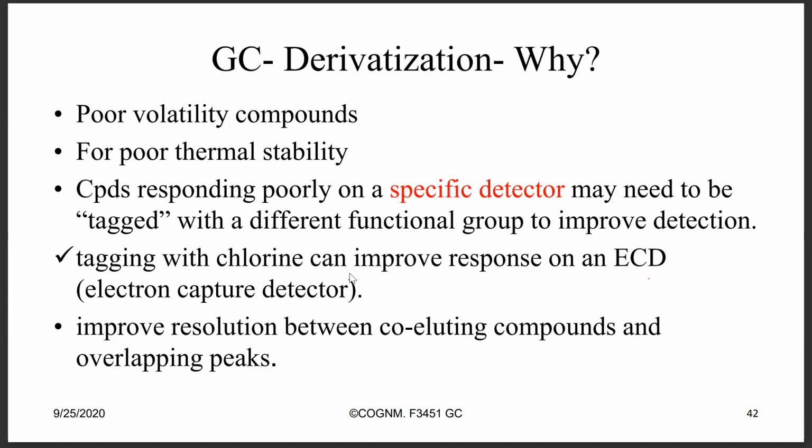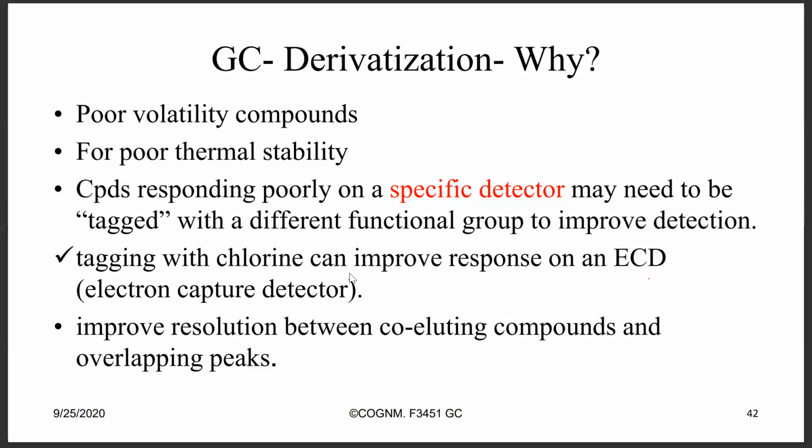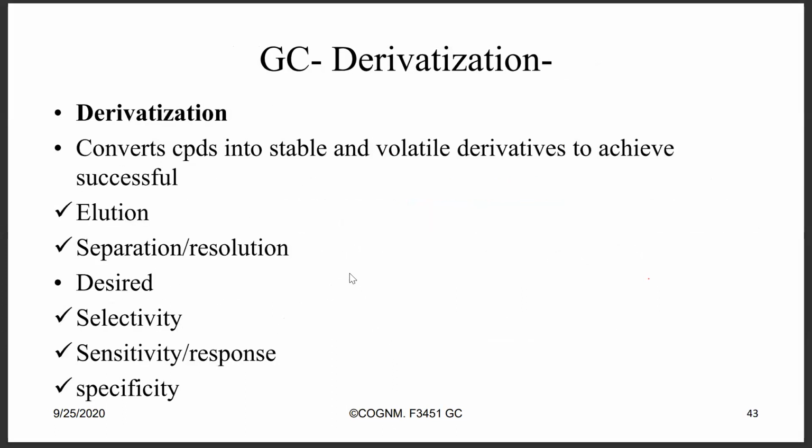Usually tagging a compound with chlorine improves the response, and also improves the resolution. Derivatization itself is just changing the compound a bit before we begin, to ensure that it's stable and volatile for successful elution and separation.